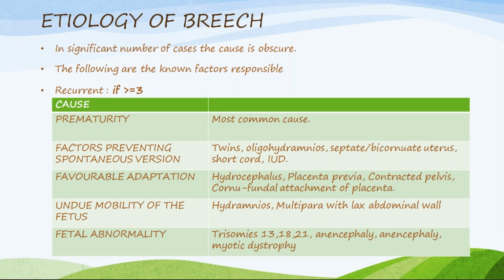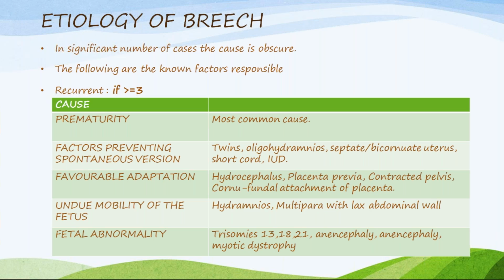Cornufundal attachment of the placenta, and short cord also: if there is movement, natural cephalic version does not happen. Undue mobility of the fetus: hydramnios, and multipara with lax abdominal wall, where easy reversion of position can happen.